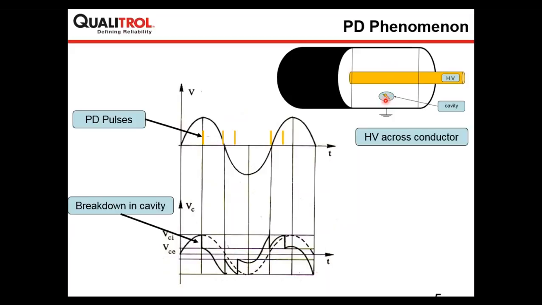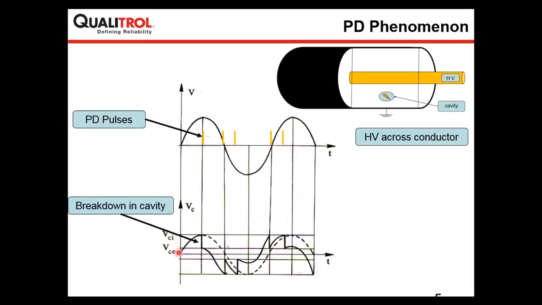As high voltage appears on the conductor, because of the field of this high voltage, there will be an induced voltage on this cavity or defect. Because we now have an impurity or non-uniformity in the cable insulation, this type of defect will have its own breakdown strength.